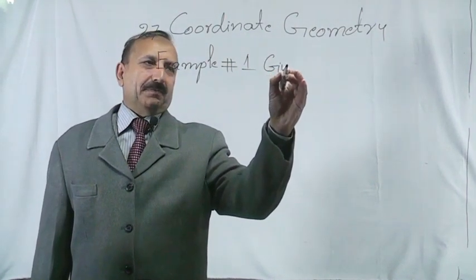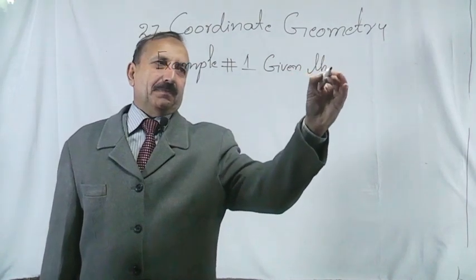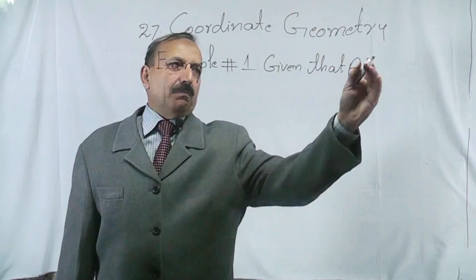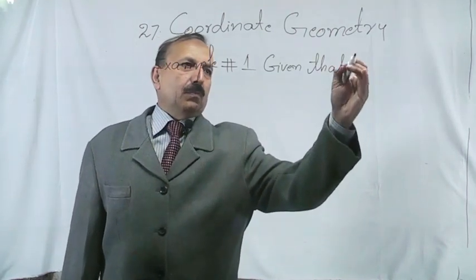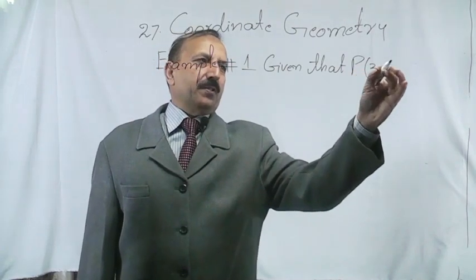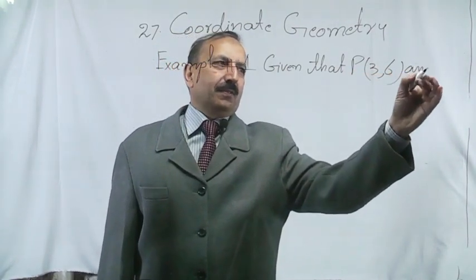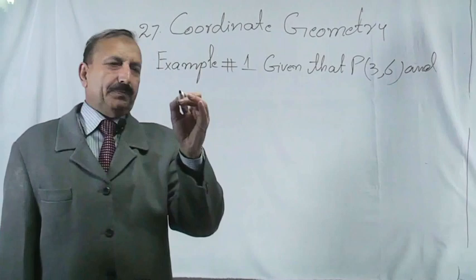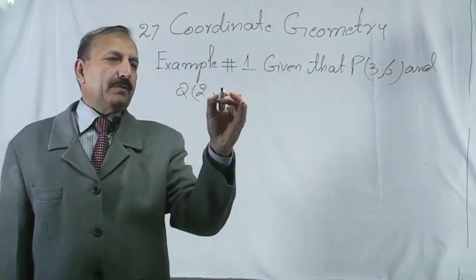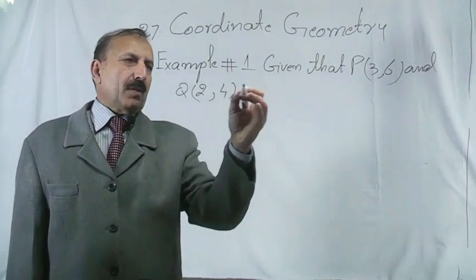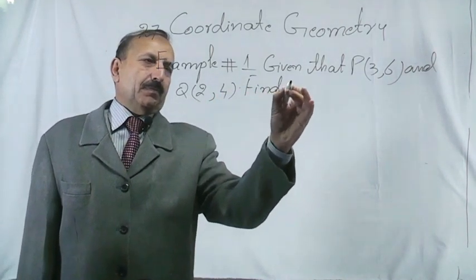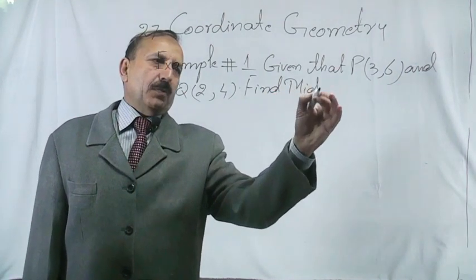Given that point P has coordinates 3 and 6, and point Q has coordinates 2 and 4. Find the midpoint.